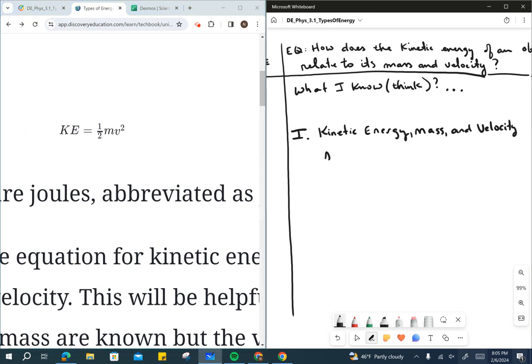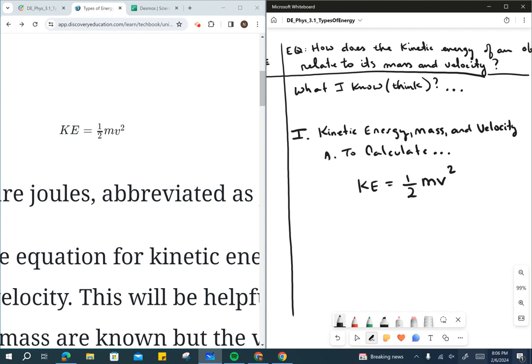To calculate kinetic energy, we say that KE, kinetic energy, is equal to 1/2 times the mass times the velocity, and you square that.